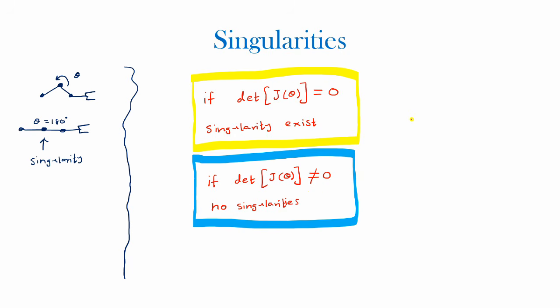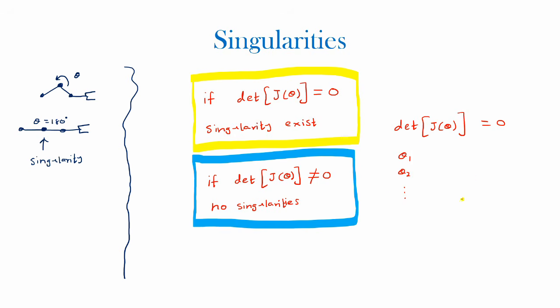Now, when performing calculations, if the question asks you to find the singularity of a robot system, then you would find the determinant of the Jacobian and equate it to 0. And you would get an equation with multiple different variables such as theta 1, theta 2, and so on.